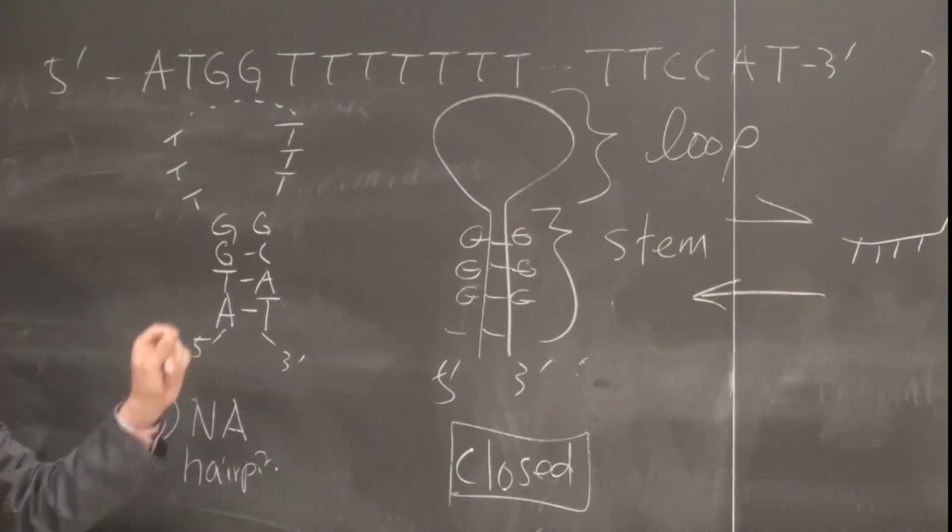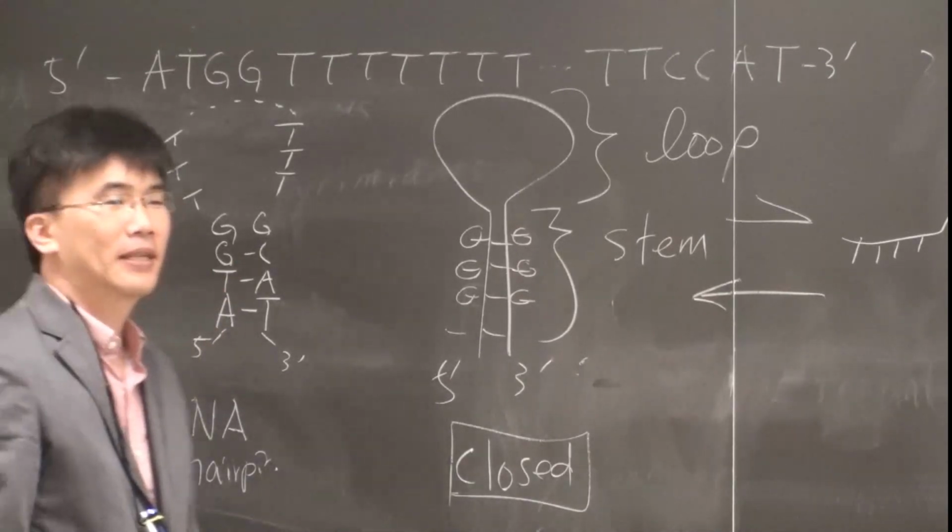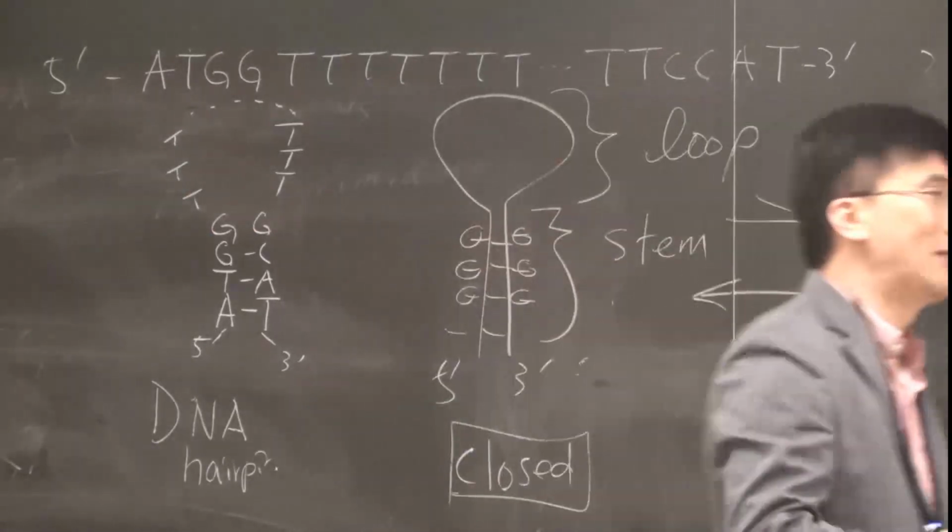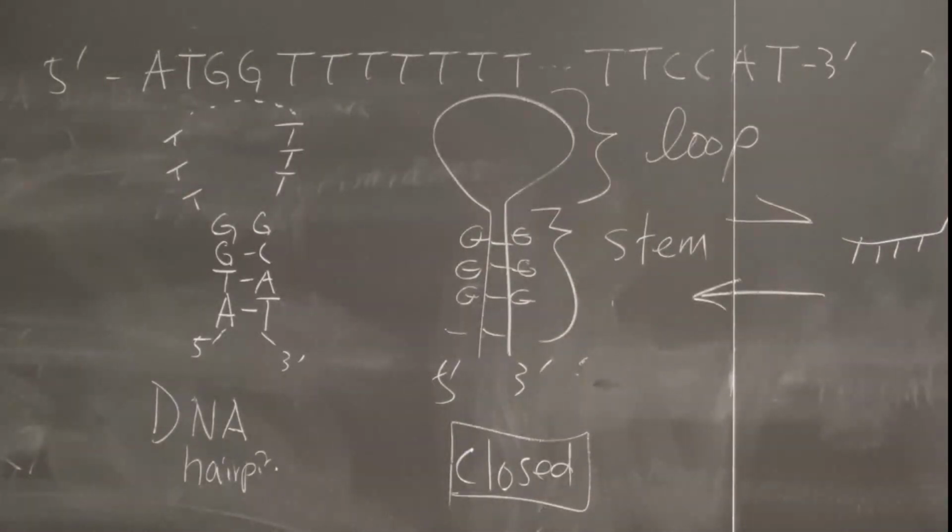Why do you care about DNA hairpin? Actually, my answer is that no, you don't need to care about DNA hairpin, because DNA really doesn't exist in this form in the natural state. Only in very exceptional cases will you see a hairpin like this, because DNA is always made starting as a template and then one at a time, so it's always more or less existing in double-strand DNA.